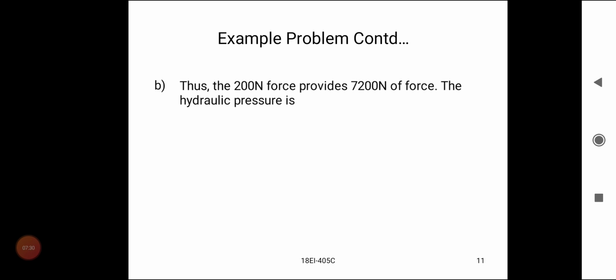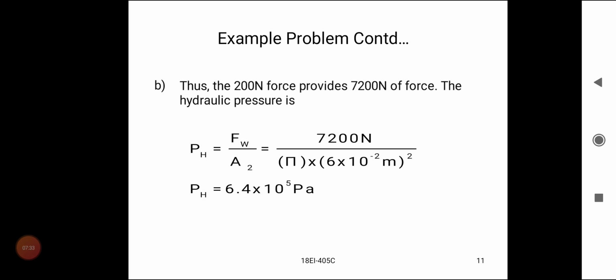The hydraulic pressure pH is equal to Fw by A2, which is 7200 newtons by pi r squared, pi of (6 into 10 to the minus 2 meters) squared. The hydraulic pressure is equivalent to 6.4 times 10 to the 5 pascals.